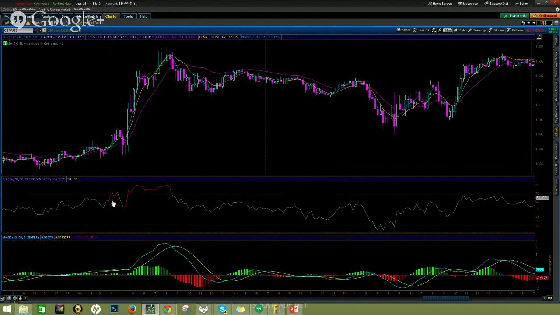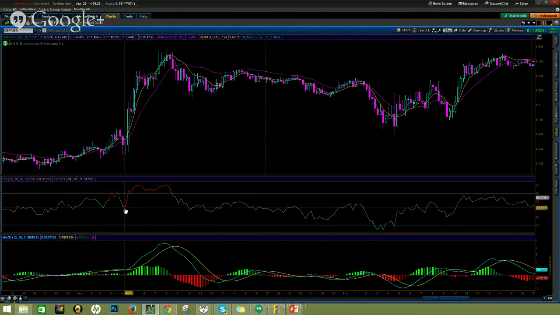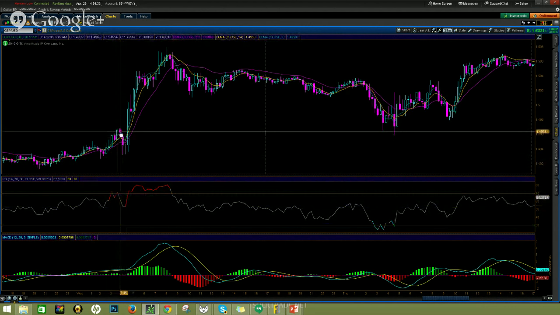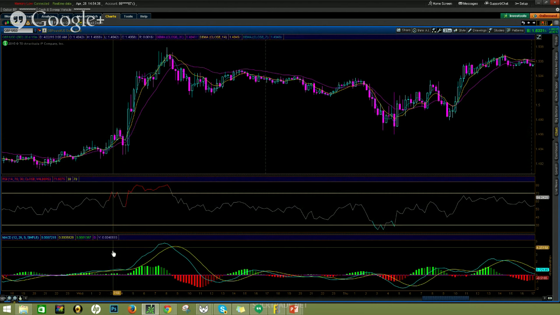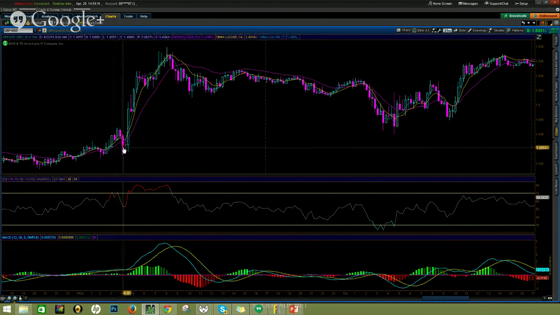So price leaves the RSI barely here, re-enters, leaves barely here, re-enters. At this point, that was at 345 before, so that wouldn't have worked. And the MACD is headed up, so you still wouldn't have entered that.